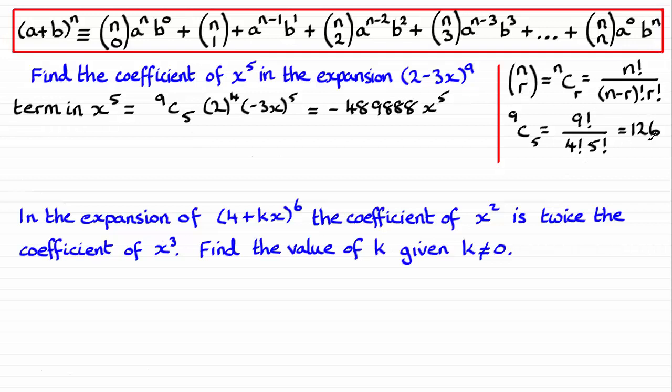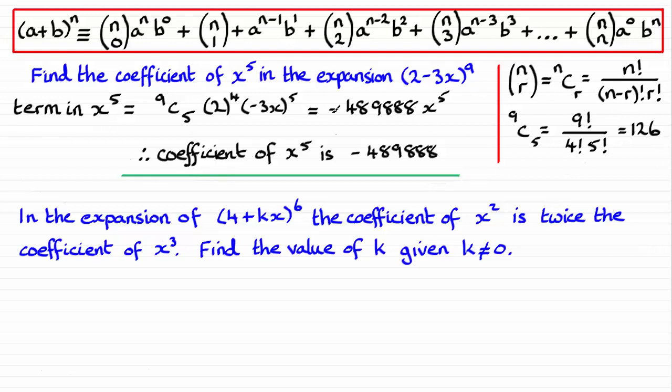So for the coefficient of x to the 5, well, that's just going to be the value in front of x to the 5, minus 489,888.